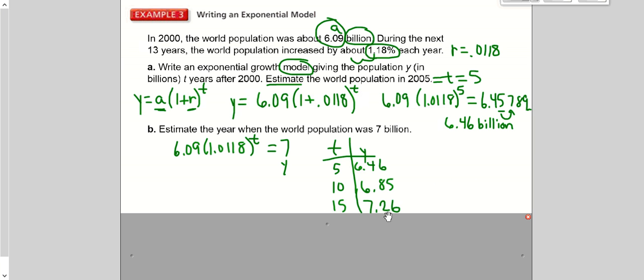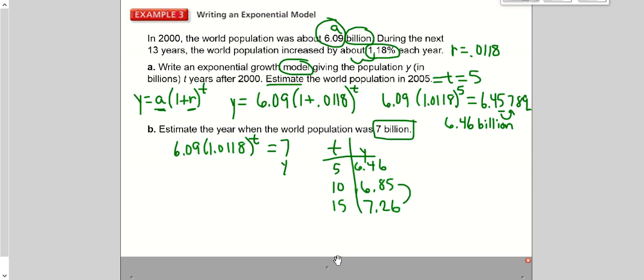All right, I got 7.26, and we want to know when is it about 7 billion. So then you need to try it again. It's got to be in between these two numbers because 7 is in between 6.85 and 7.26. So try 11, 12, 13, 14. We've got to figure out which one of those numbers is closest. Okay, I tried 12 and I got 7.01.